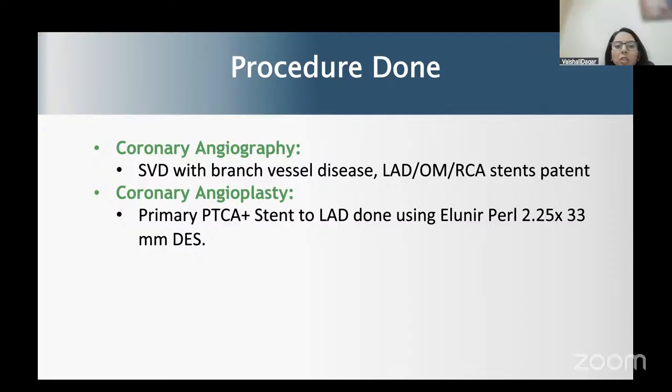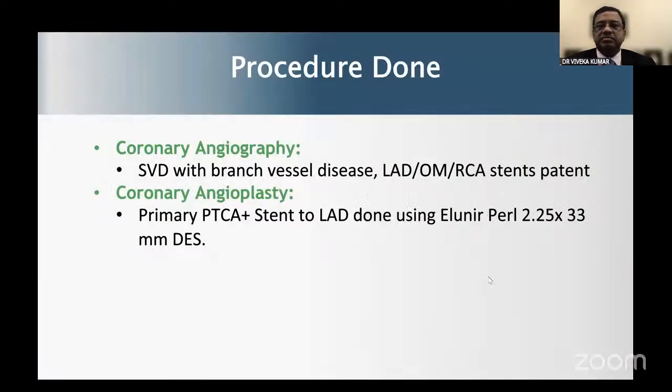You can unshare and reshare, then it will work. I think we'll have to redo this. Yes. Can you see now? Yes, sir, it is visible now.